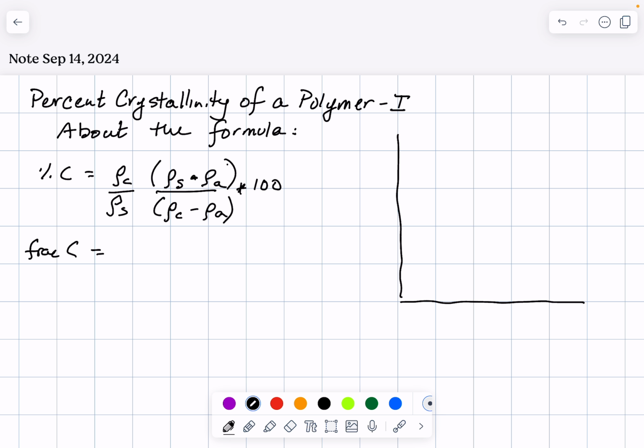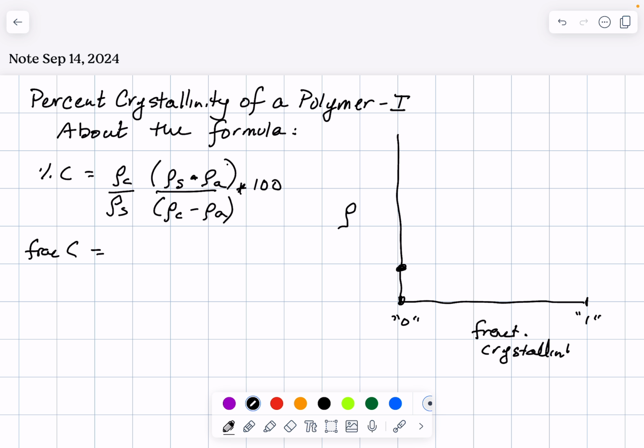All right, so where does this formula come from? If I were to make a plot of the density of these various polymers that we're talking about versus, I'm going to call this, fraction of crystallinity, where we define, and I put 0 in quotes and 1 in quotes, if we imagine that we have a fully, quote unquote, amorphous polymer lacking any crystallinity, then when it has this state, we say that it has no crystallinity.